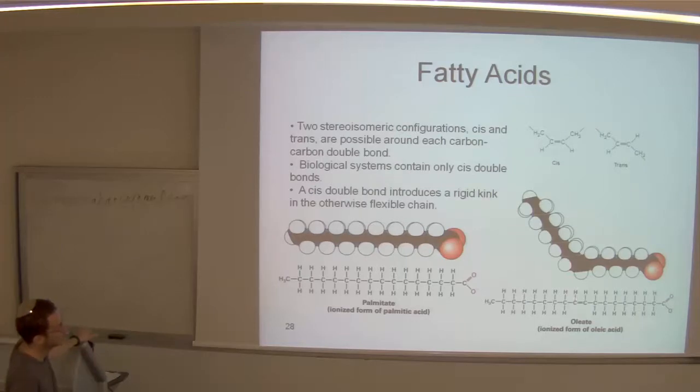The double bond would be only of a cis configuration, meaning that the two carbons on the two sides of the double bond are on the same side compared to a parallel line stretched between the two carbons that are engaged in the double bond. And the trans configuration does not exist in fatty acids. I don't know why. Is it okay? There is no trans fatty acid.